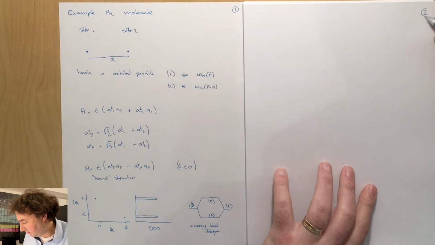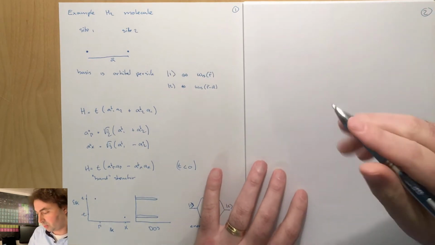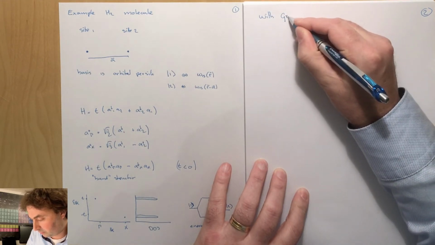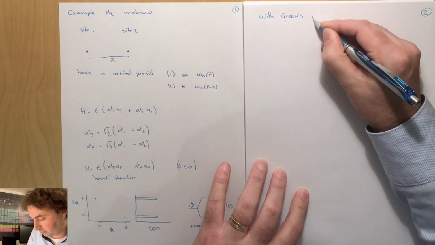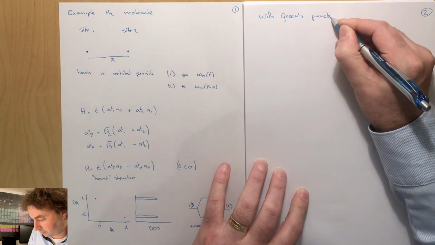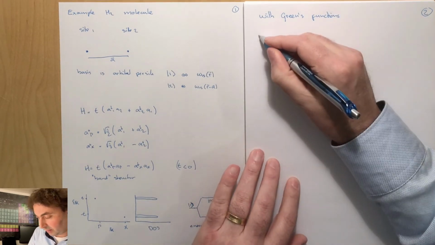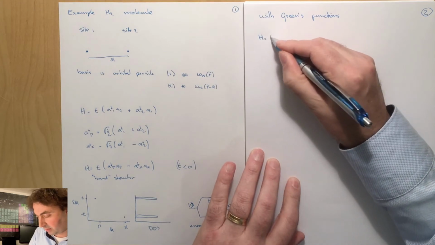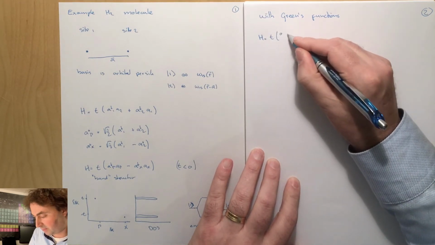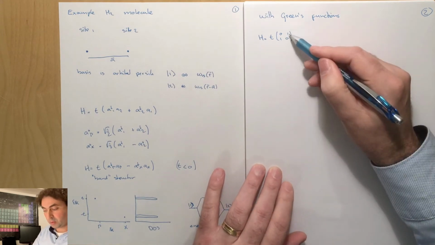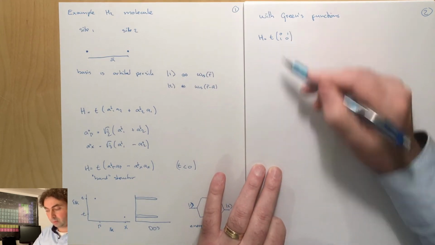Now let's see if we can do the same with the use of Green's functions. Our Hamiltonian is given as the hopping matrix element t times a matrix that allows you to go from state 2 to 1 or from 1 to 2.